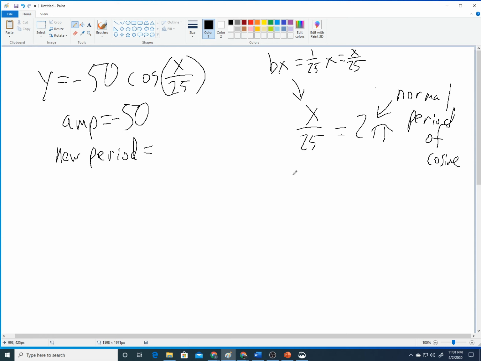Okay, so once I have this, I'm going to multiply both sides by 25. And I get x equals 50 pi as my new period.